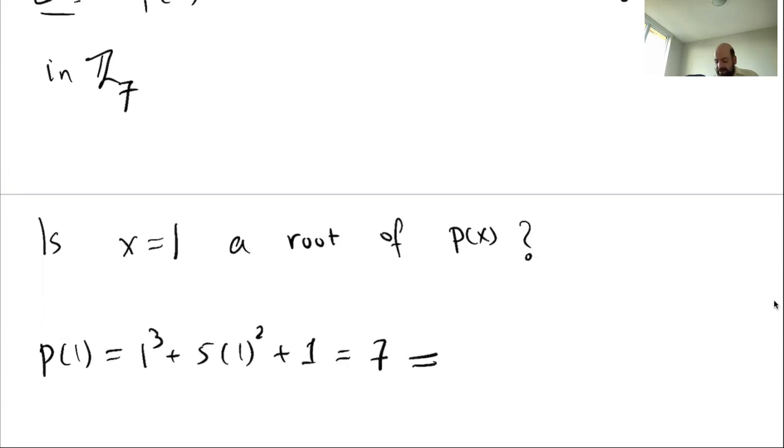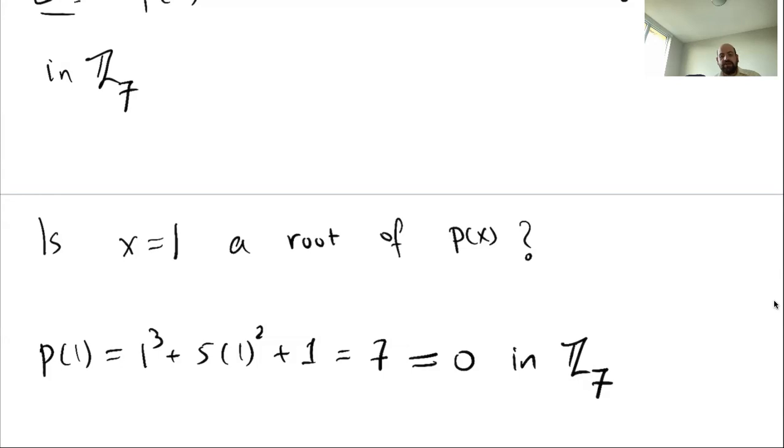And 7 is equal to 0 in Z7. Seven is not 0 as integers or real numbers, but in Z7, 7 and 0 are equal.